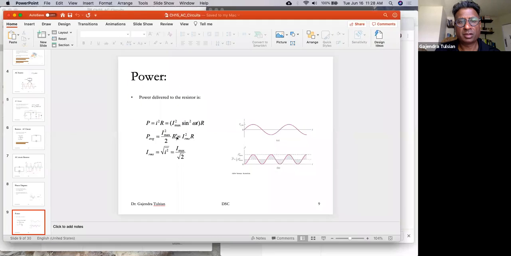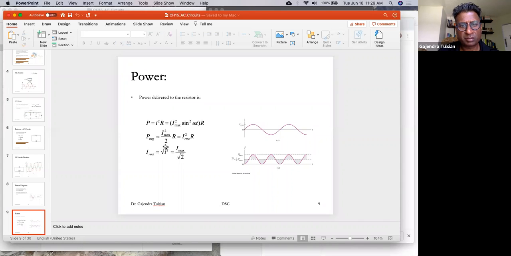When you take the time average, you get I max squared over 2, and because this factor is annoying, we've defined something called IRMS current, the root mean square current. Here's where the name comes from: there's the square term, you take the average over a cycle, and that bar is for the average, and the average gives you 2. If you take I max divided by square root of 2, we define that as IRMS.